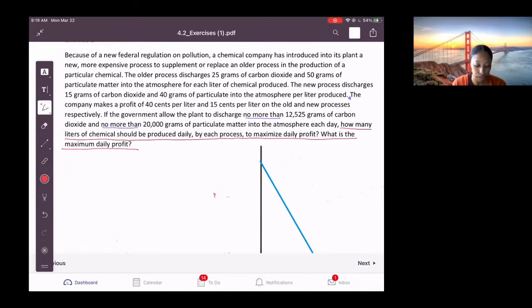So our unknowns here are the number of liters produced by each process. So we'll have the old process versus the new process. So first thing, identify and label your unknowns. Let X represent the number of liters produced by the old process.